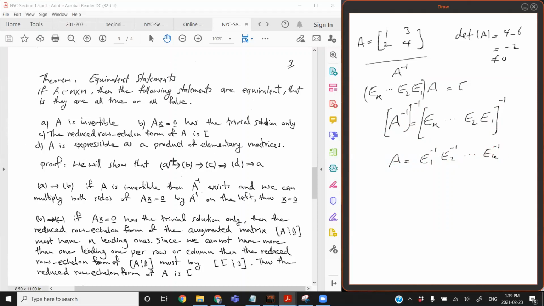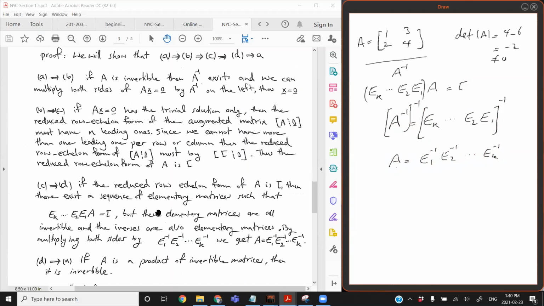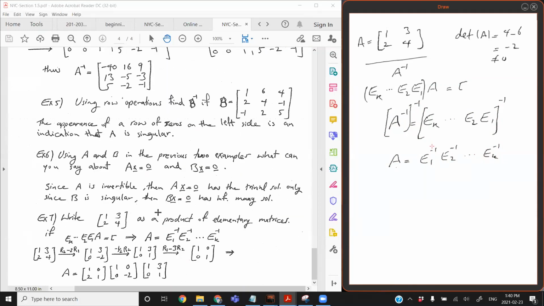So using this, I can find a series of elementary matrices so that A is the product of those elementary matrices. I can express A as a product of elementary matrices because each one of these is actually an elementary matrix. So how do I do that? I need to keep track of the elementary matrices that I perform on A. So first I need to do E1 on A, then E2 on A, all the way.